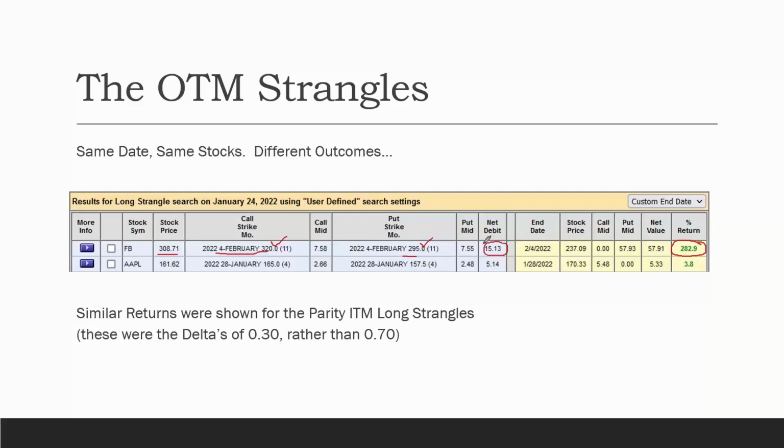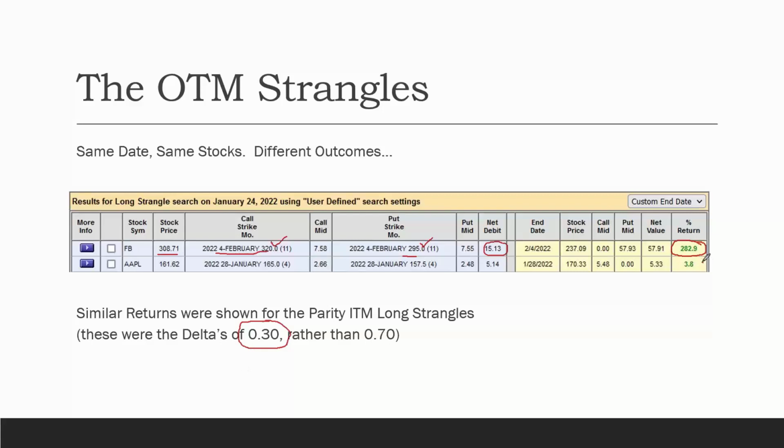We paid less for the strangle, $15 versus $26 and $25 for the straddle position we just saw on the previous page. So the return goes up slightly higher. The put options went right to intrinsic value, and the calls went exactly to zero, as you'd expect. So 189, 187% return versus 282.9 with those deltas that Marcia was looking for.